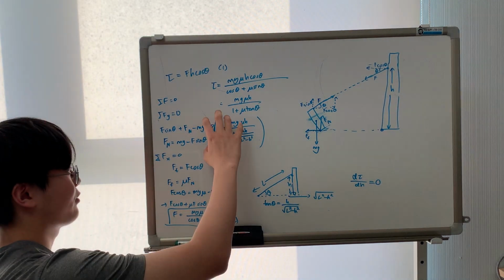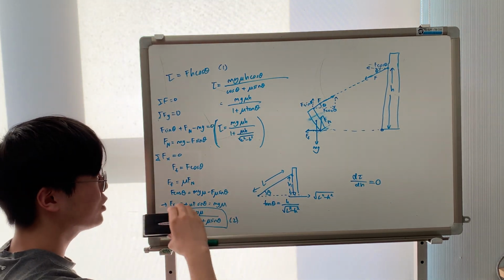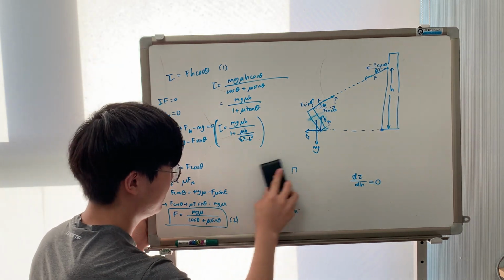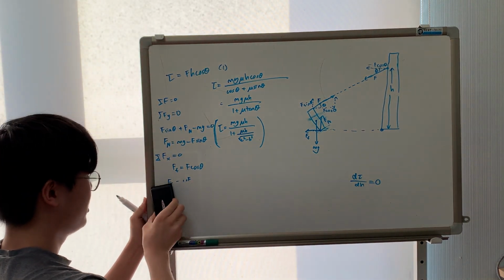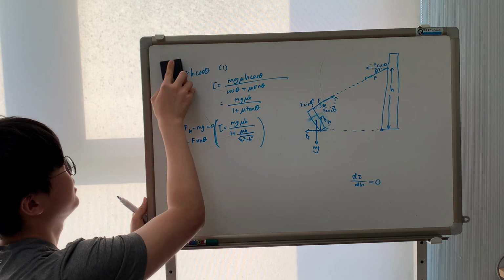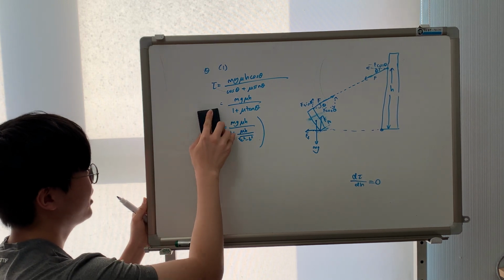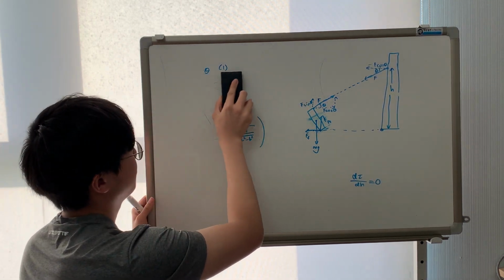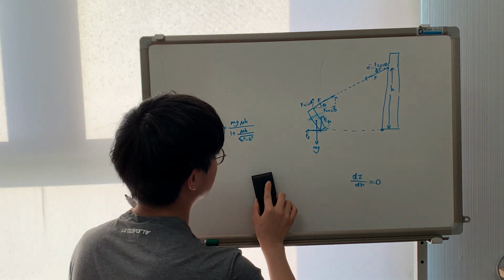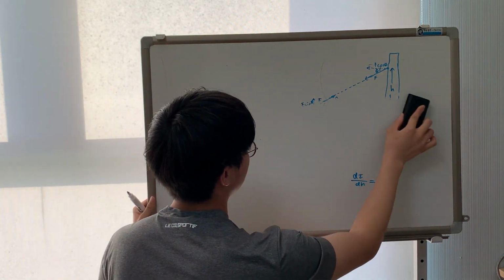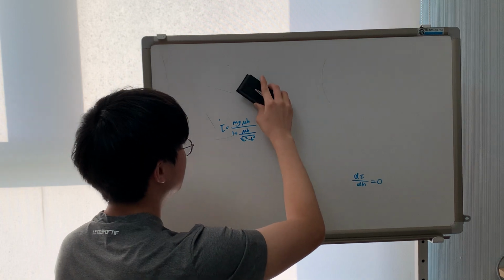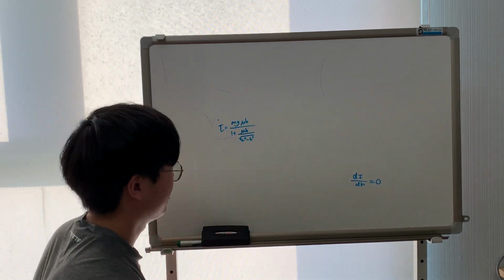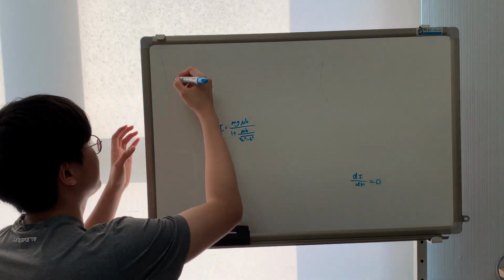So now we have our value for torque. So let's erase everything else and work on the derivative. And hopefully after we do that, we're going to be able to figure out what the answer is, the value of h that gives the maximum value for the torque. So let's write that down again.